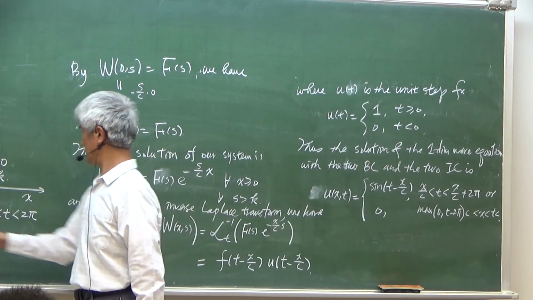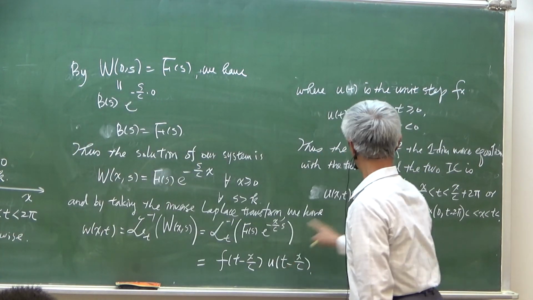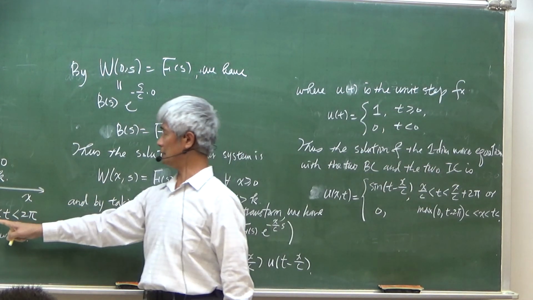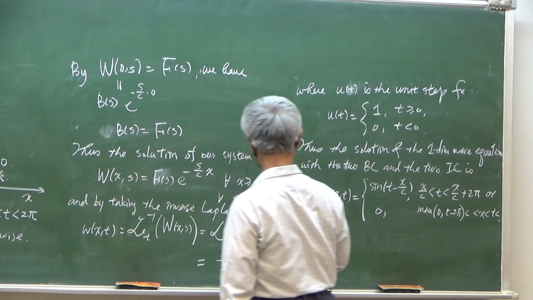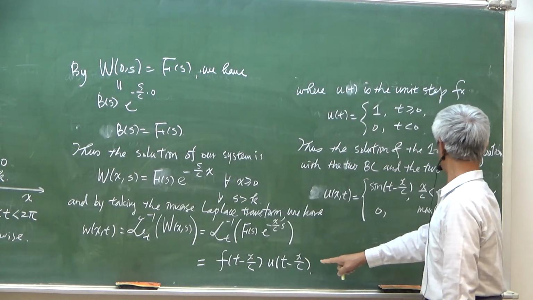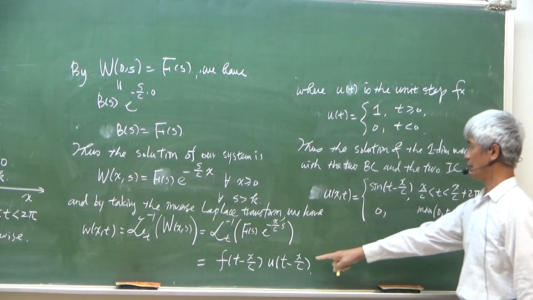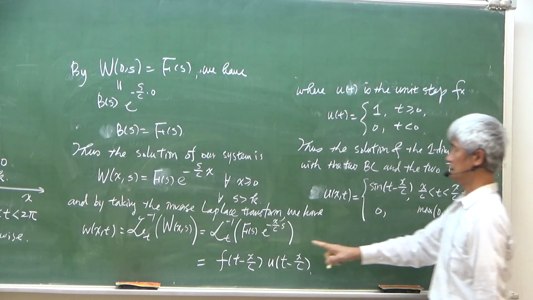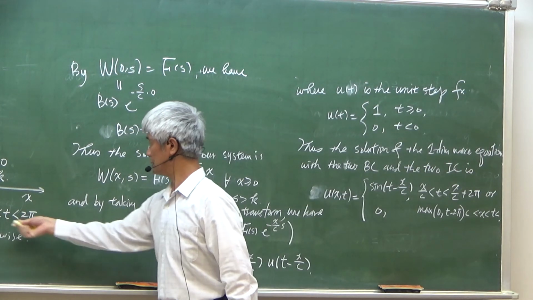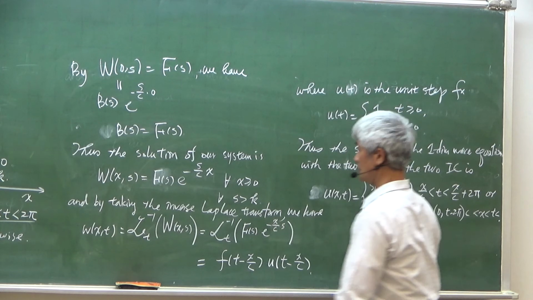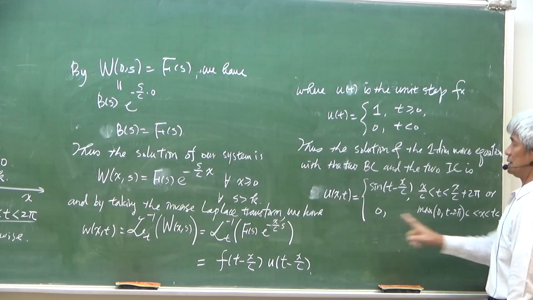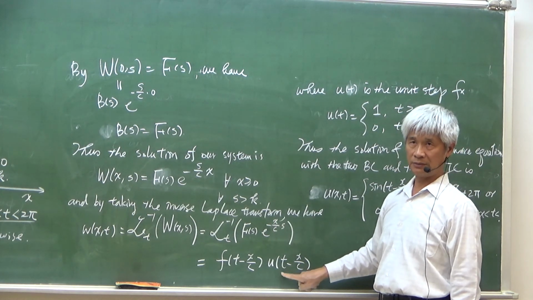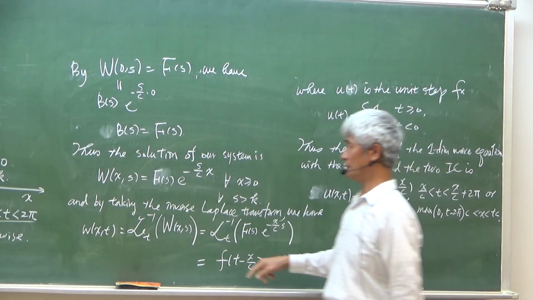If you just put in the sine, because this is a sine transformation, and here t is in between 0 and 2π, that means that t - x/c is from 0 to 2π, right? So this one translates to this one. But how come we have that? Because of the unit step function here.